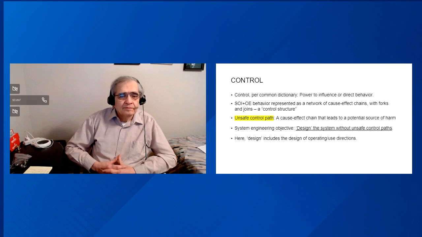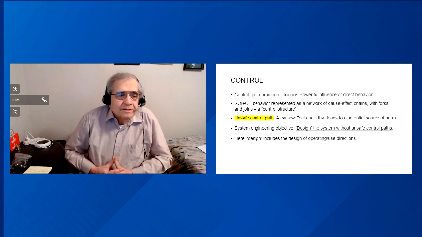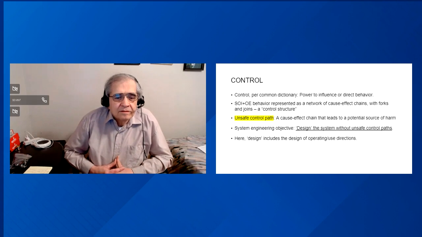In the case of the combination of the software of interest and the operating environment, the behavior is represented as a network of cause-effect chains, a network with forks and joints, a network that is very much referred to as the control structure for the particular software system of interest and operating environment combination.